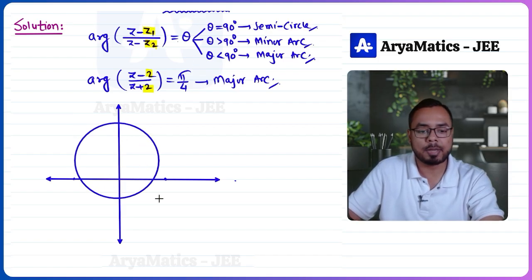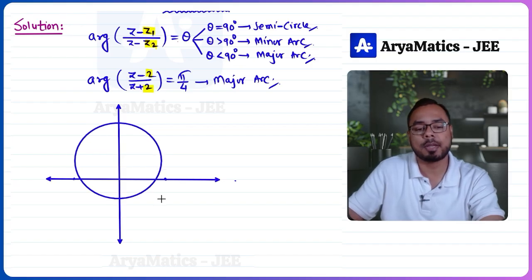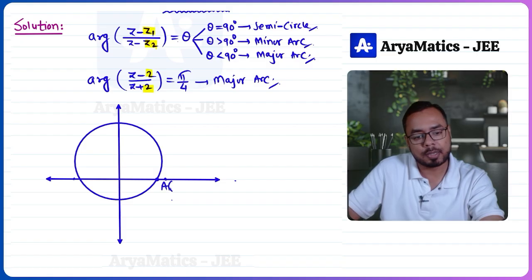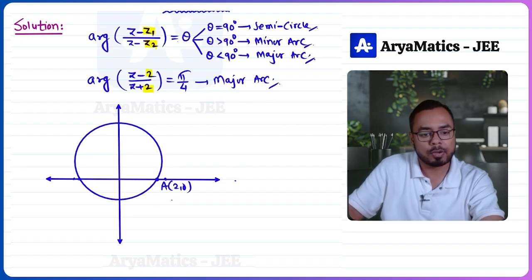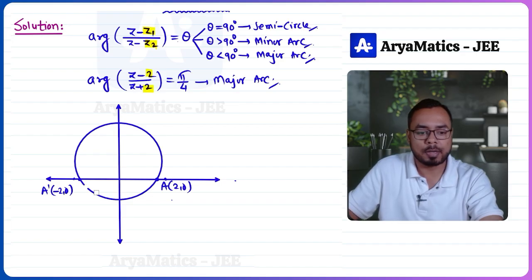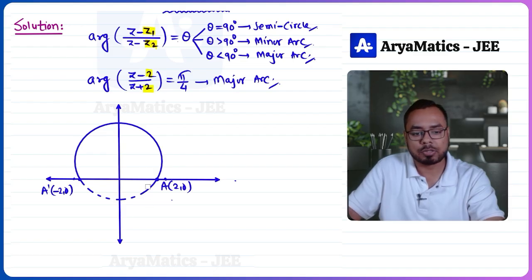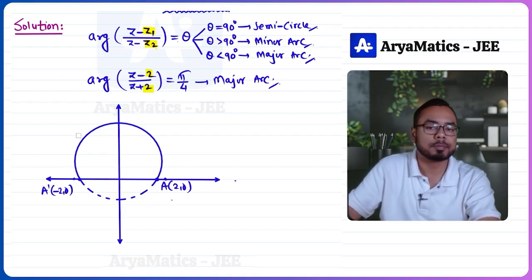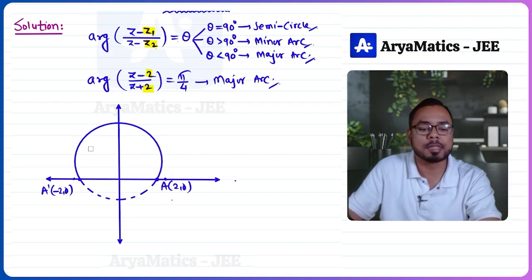So there are two possibilities of drawing the circle here. One possibility is that you can draw a circle like this, and this point A is 2, 0, and on the other side, let us say this point is A dash, minus 2, 0, and it will represent the major arc. Because the angle is less than 90, it will represent the major arc, so it will represent this arc in first and second quadrant.